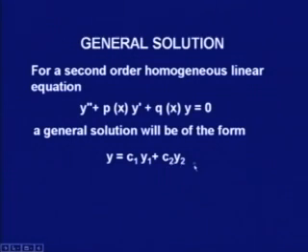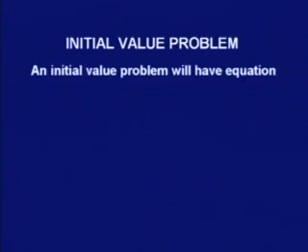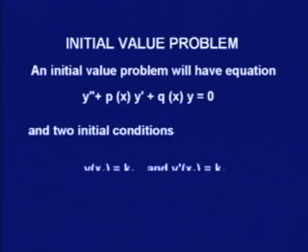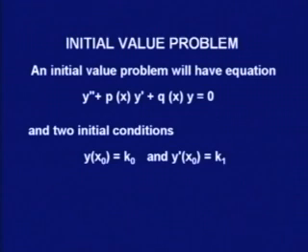Then moreover, the particular initial value problem. An initial value problem will have the equation y double dash plus p x y dash plus q x y is equal to 0 and two initial conditions, y at x naught is equal to k naught and y dash at x naught is equal to k 1. If you do remember, in the first order equation we had only one initial condition.